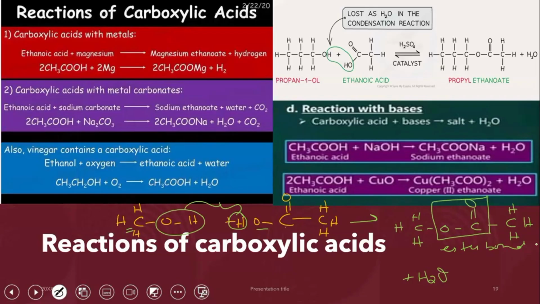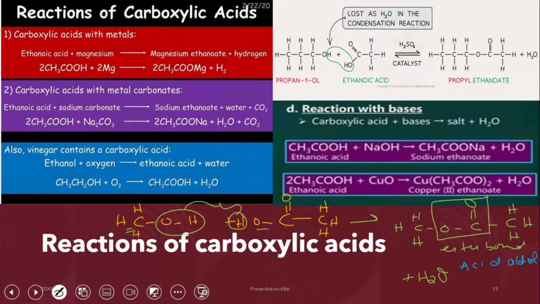If you want to take the time to figure out the name, you can. But let me tell you a trick. This trick is only applicable to esters. A shortcut. Whenever you are naming esters, first name the carboxylic acid and then write down the name of the alcohol. Shortcut.